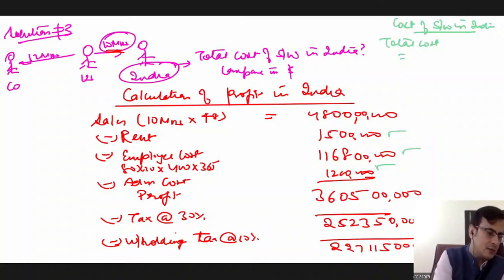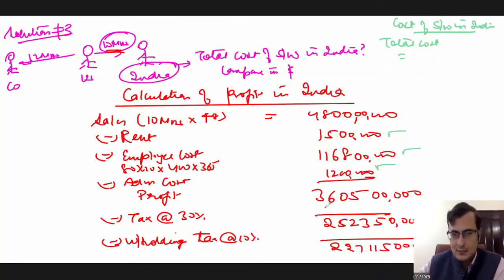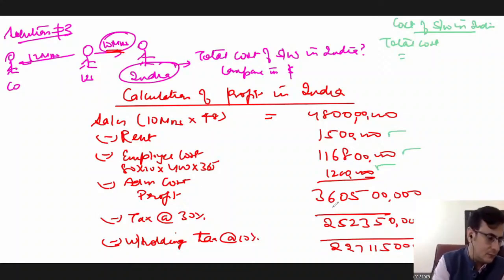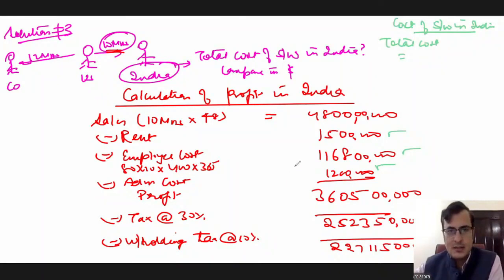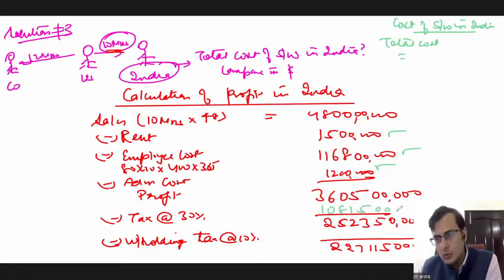So they have 15 lakhs plus 11.68 plus 12 lakh plus tax, which is coming out to be its 30%. So its tax is coming out to be 10815, 1 2 3 4.